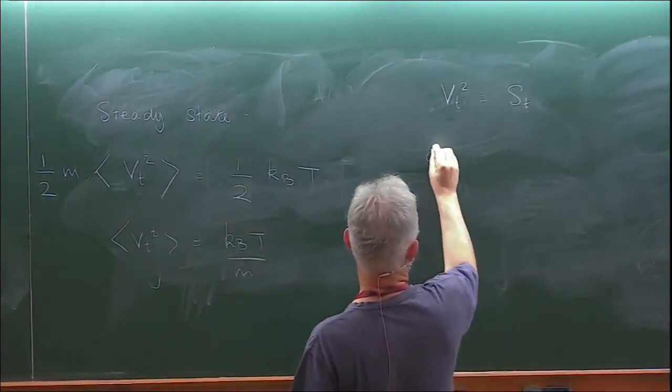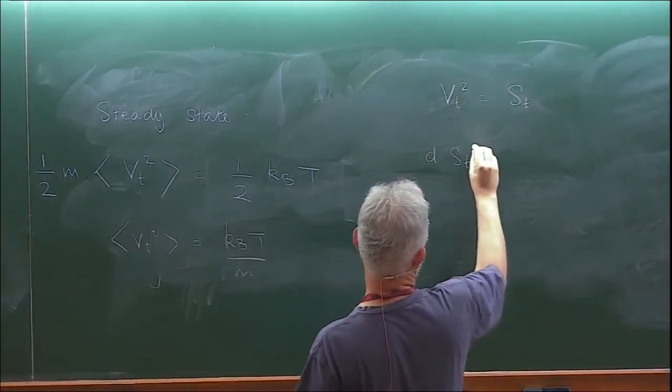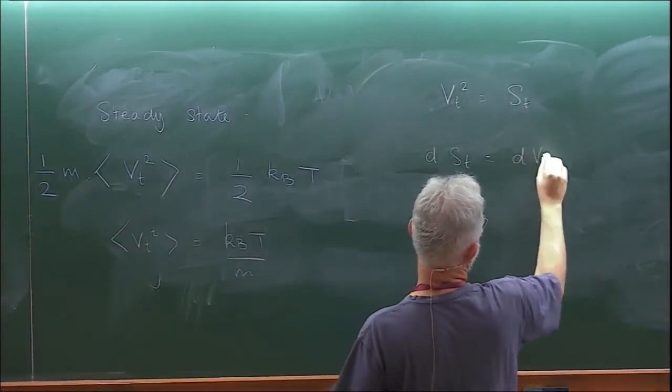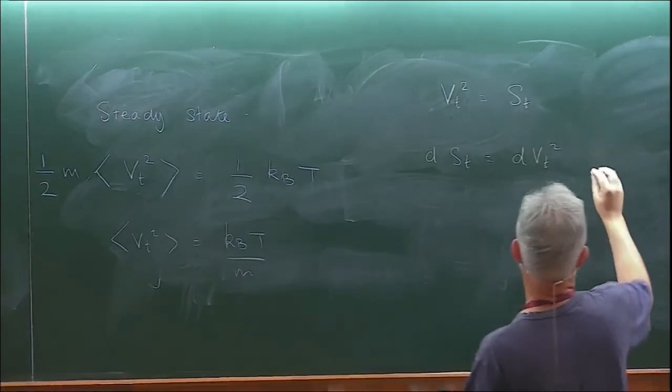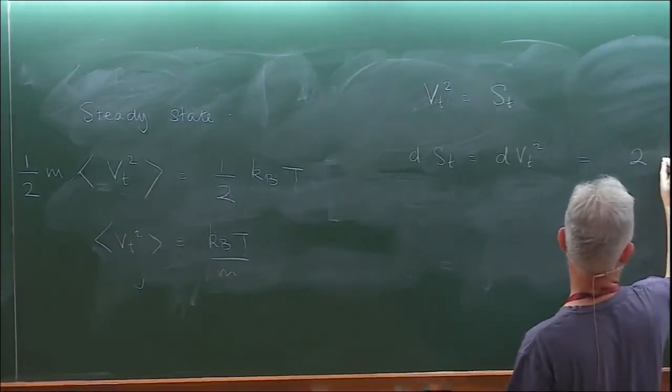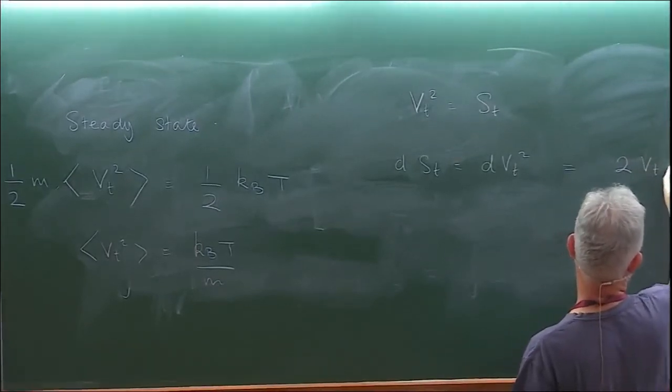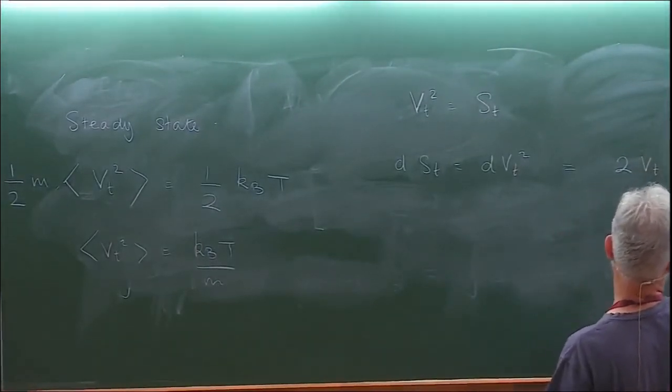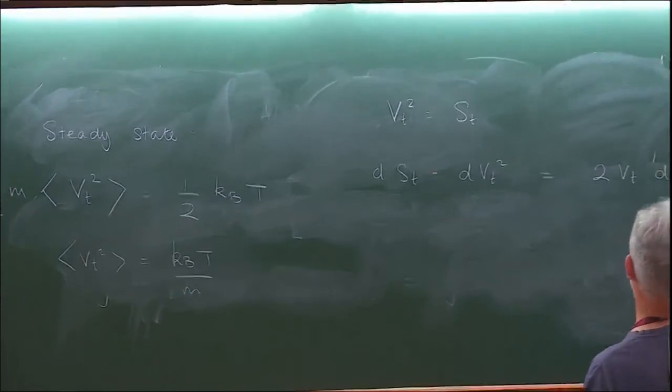So let me write down the stochastic differential equation for dS of t. That's equal to d(V_t squared). This is equal to 2 V of t times dV_t, plus I have a factor of a half.